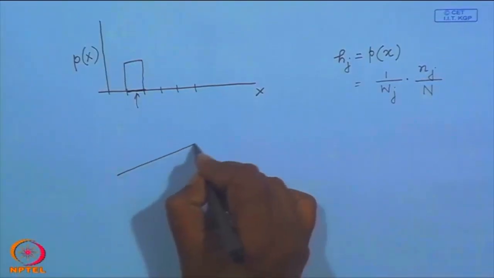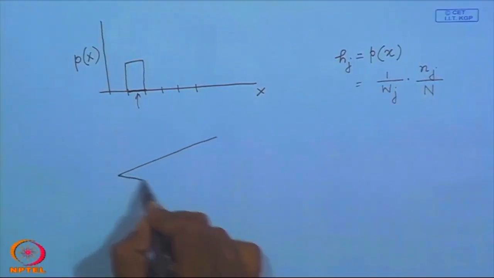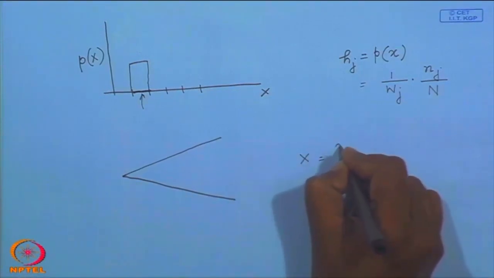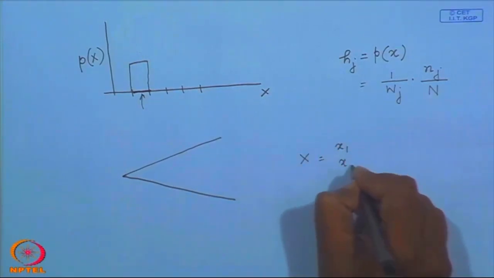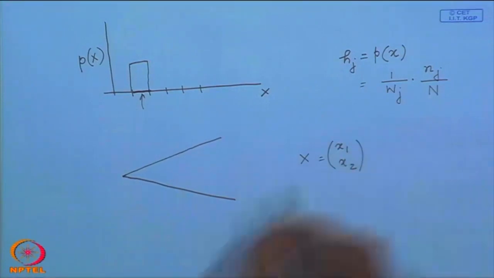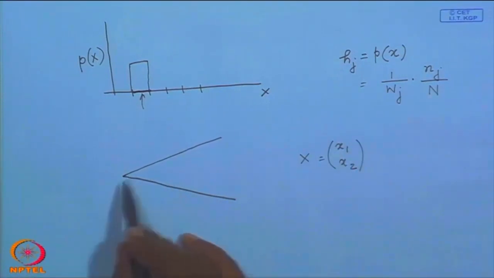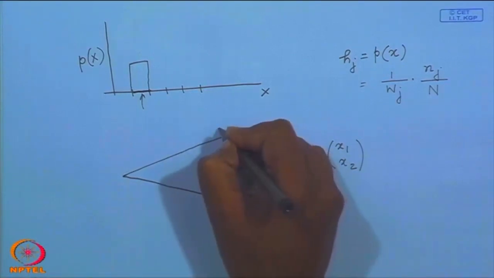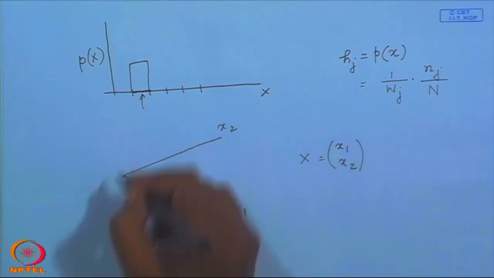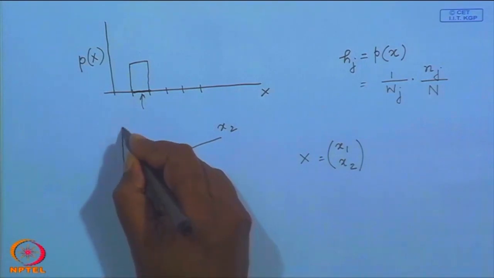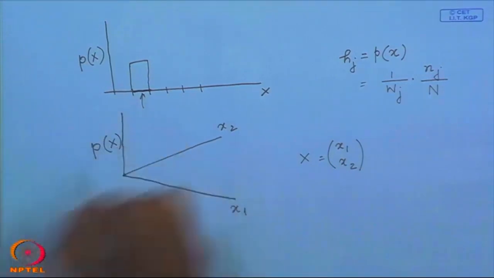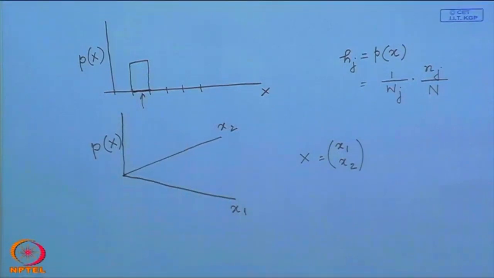In two dimensions we have extended this concept. So, we have a vector variable x whose components are x1 and x2. So, I have this plane x1 x2, where this is the x1 axis, this is the x2 axis, and an axis perpendicular to this indicates the probability of x, where x is a vector.